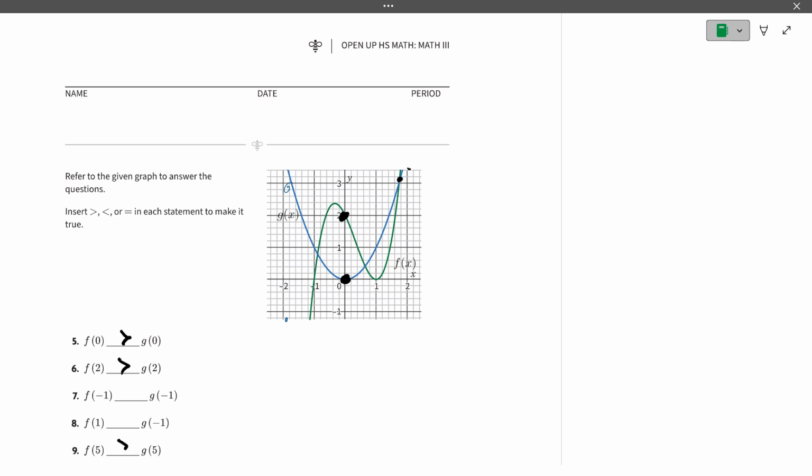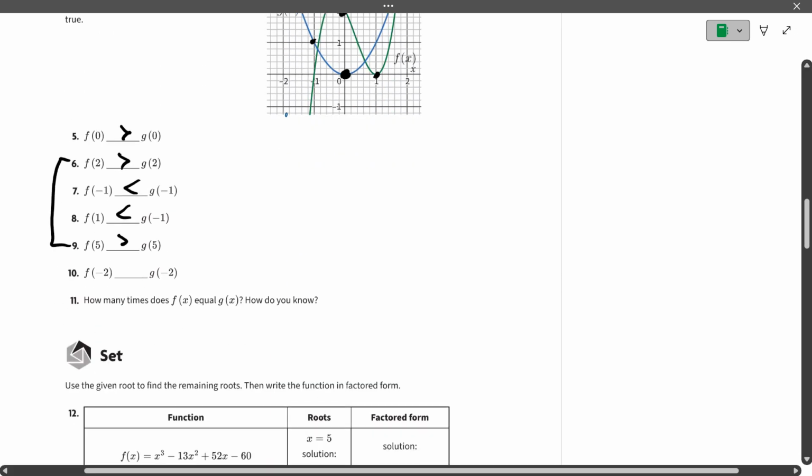So f at 5 is going to be greater than g at 5 for the same reasoning as number 6. At negative 1, if you go up here, the g of x function is higher. So for number 7, g should be larger. And for the 1 and the negative 1, f at 1 is equal to 0 right here, and g at negative 1 is up above the x-axis. So g at negative 1 should be greater.